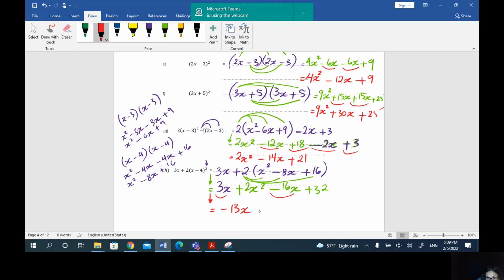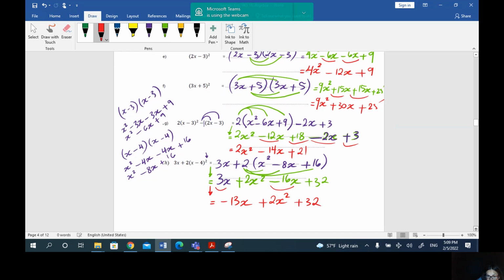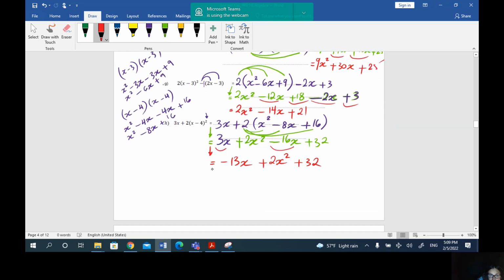There is no like term to x squared, so we just write it as plus 2x squared. 32, there is no like term to 32, so we must write it as is. And the way we write it algebraically correctly is 2x squared minus 13x plus 32.